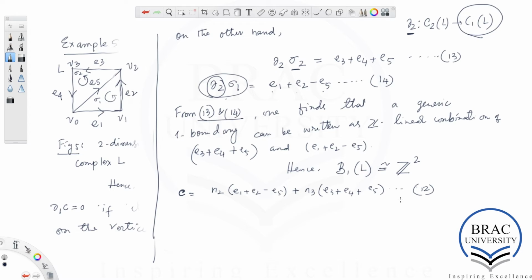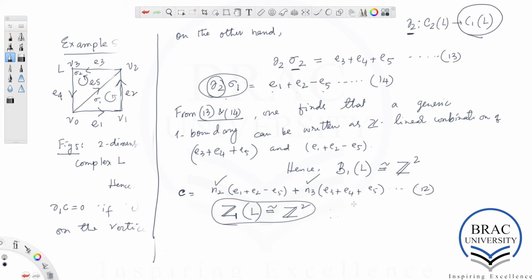So from this expression, one sees that the group of one cycles on the complex L is also isomorphic to Z square. Okay, one can choose integral values of N2 and N3 to satisfy 12. Hence, this group is isomorphic to Z square. Two copies of Z. Okay.